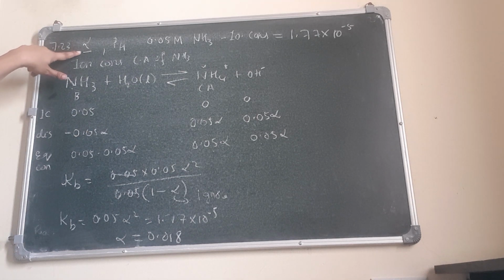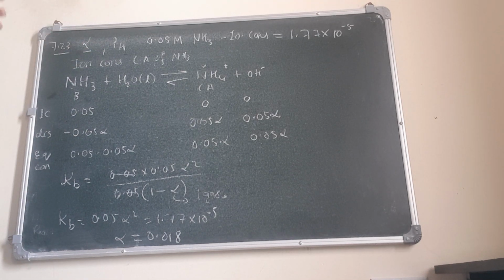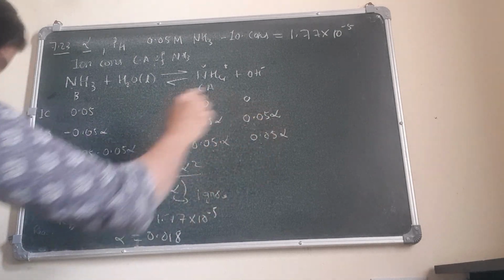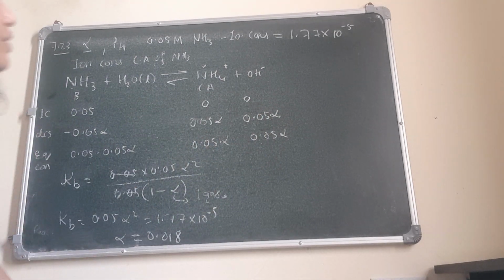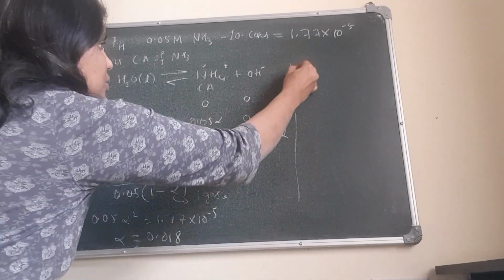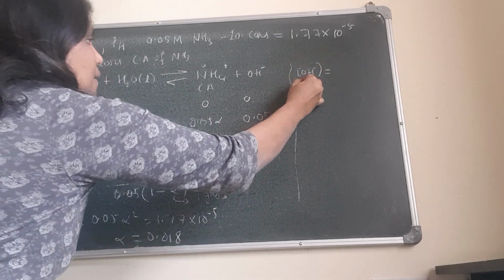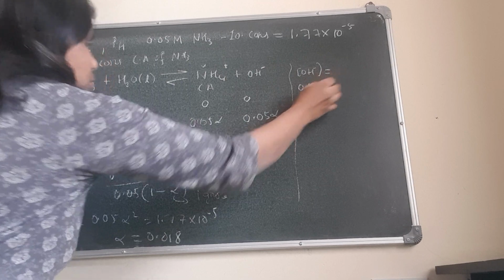Now I need to get pH here. To get pH, I need to know the concentration of H plus. There is no H plus in the equation, but I have OH minus. So first let us find the concentration of OH minus. The concentration of OH minus will be 0.05 into alpha.